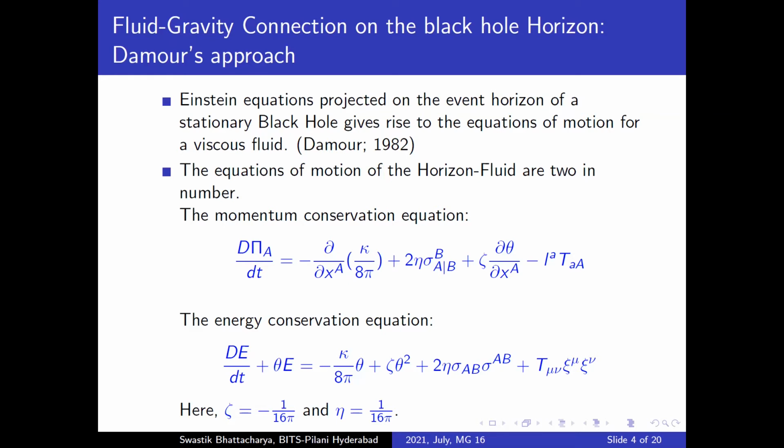So the picture is as follows. There is a black hole, and some object or some matter energy is falling into it. So when it falls into it, since this is the event horizon, it acts acausally. That is, before the object falls in, the event horizon grows in size and there is a dynamics.